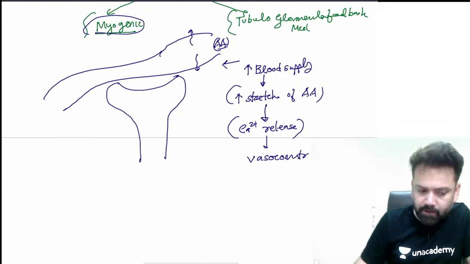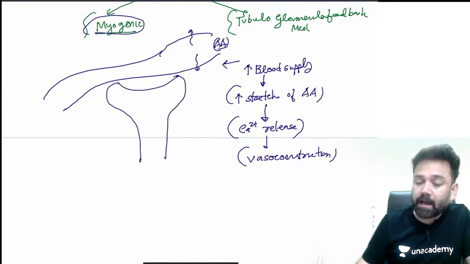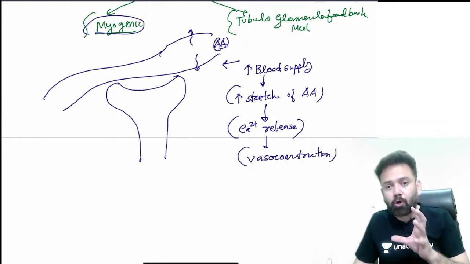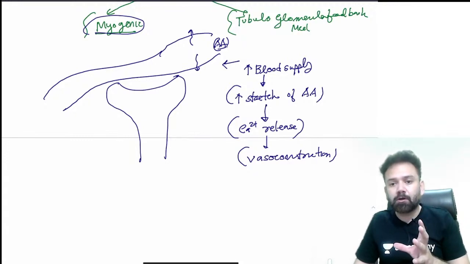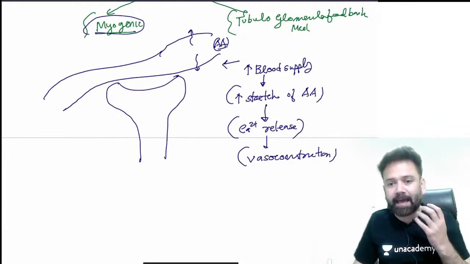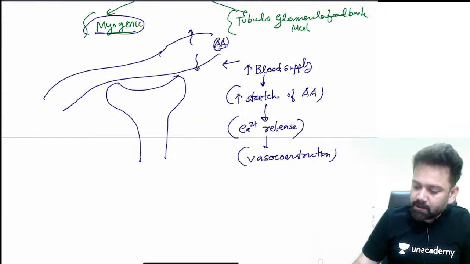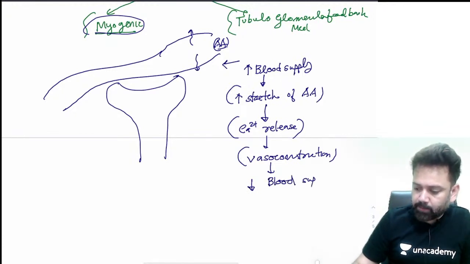That will cause vasoconstriction of the afferent arteriole. So initially blood was more, causing more stretch, releasing more calcium, causing more vasoconstriction, and this will automatically decrease the blood supply. You can see it's a very simple mechanism.